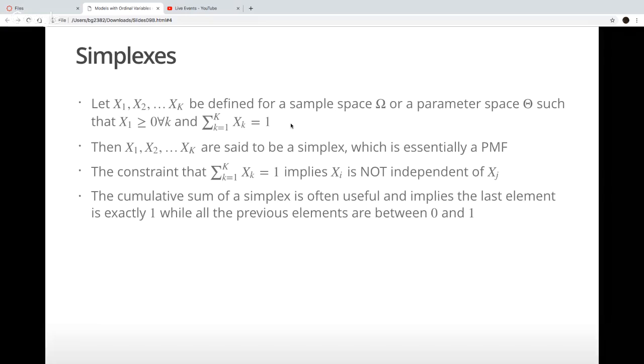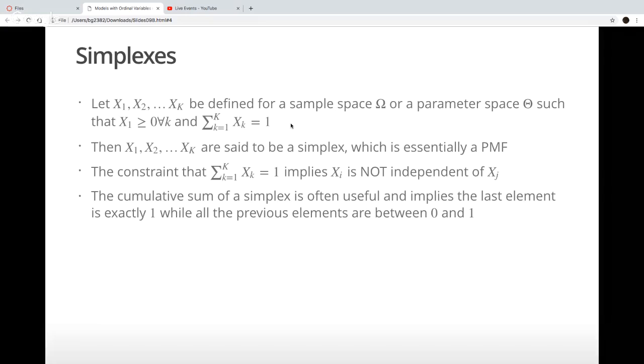The cumulative sum of a simplex is just an additive transformation of a simplex, and the last element of that cumulative sum is going to be exactly 1. But every element that's not the last one is going to be between 0 and 1, and they're going to be ordered.